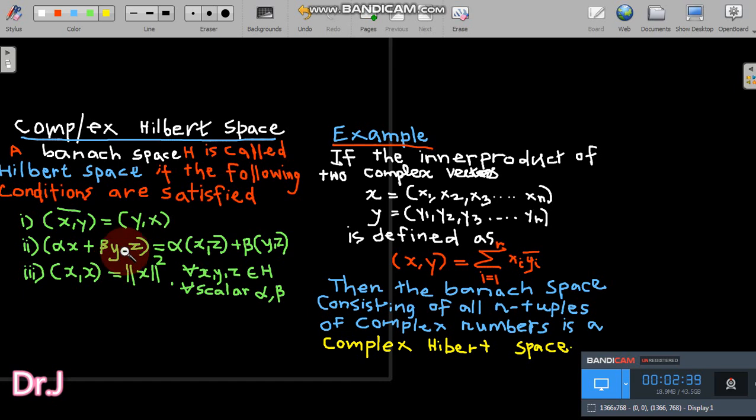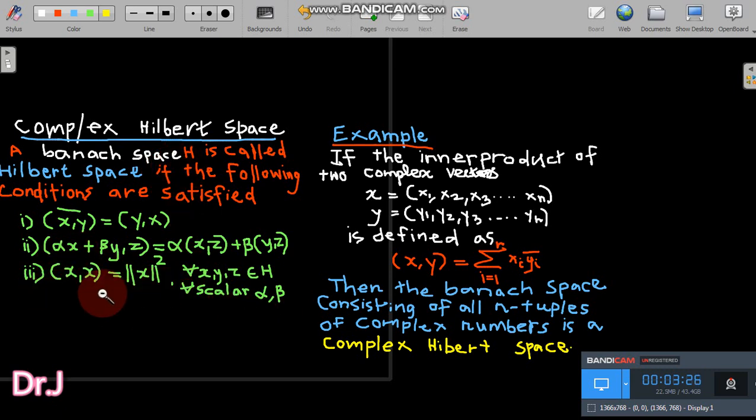The second one: the inner product of alpha x plus beta y comma z must be equal to the sum of the two inner products, alpha times the inner product of x comma z plus beta times the inner product of y comma z, where alpha and beta are scalars, and x, y, z are some elements in the Banach space H.